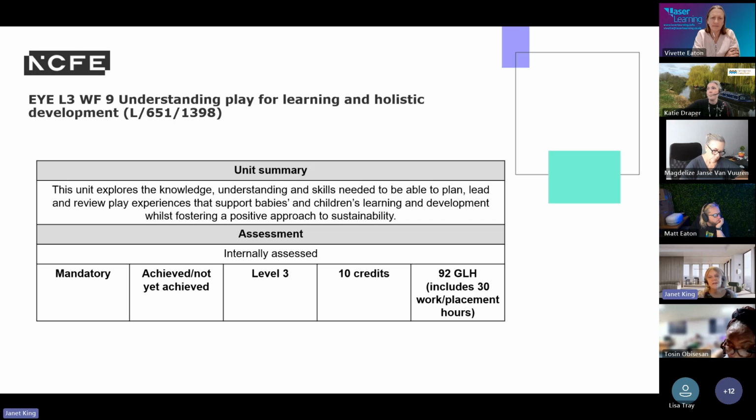It says include 30 work placement hours, but again, you're not doing that in isolation. We're not saying we're teaching this unit, off you go for 30 hours. You're going to be using that recommended 300 to 350 placement hours anyway, and a lot of your students will probably do more, especially if they're working.